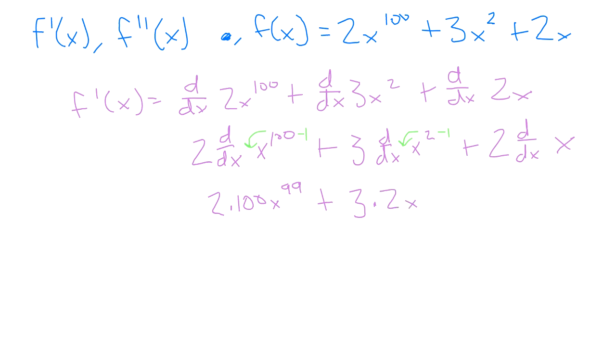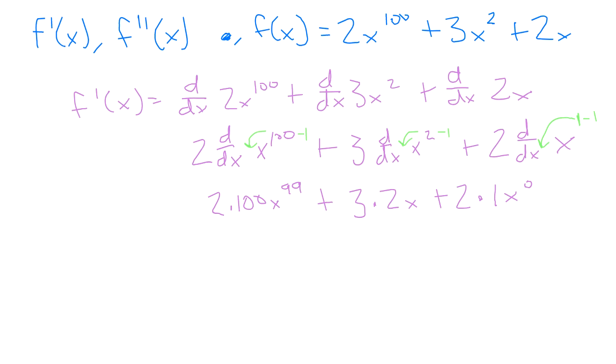And over here, we have a little 1 that's just not written down, so we pull that 1 out in front and subtract 1. That gives us plus 2 times 1x to the 0.